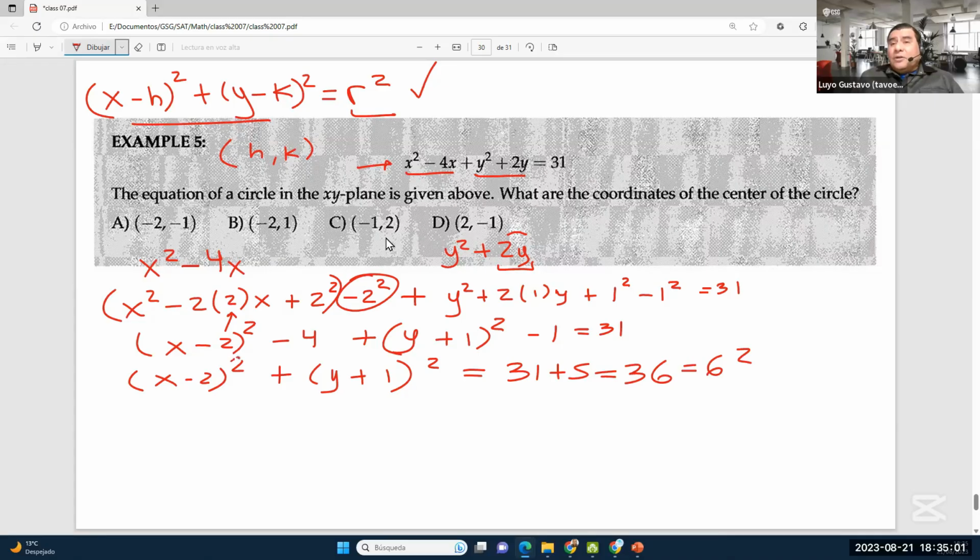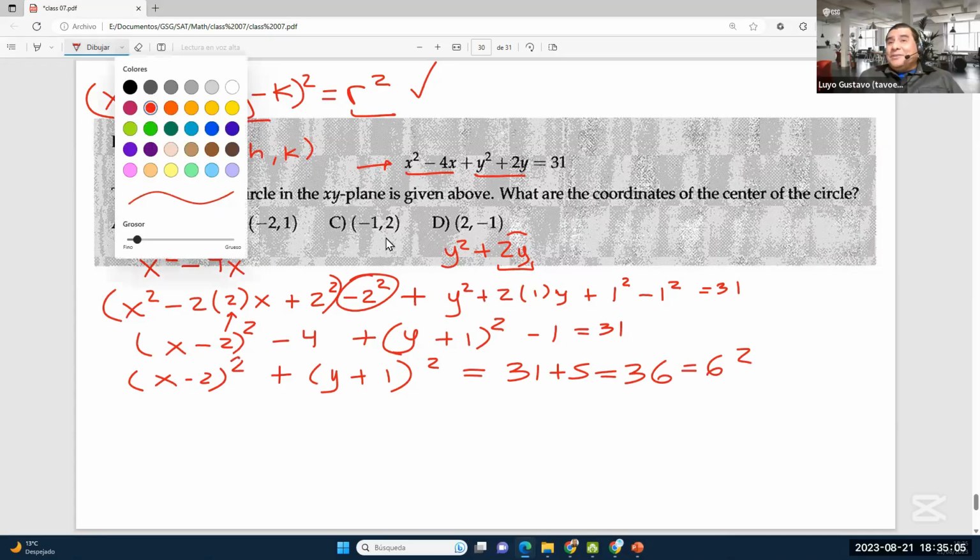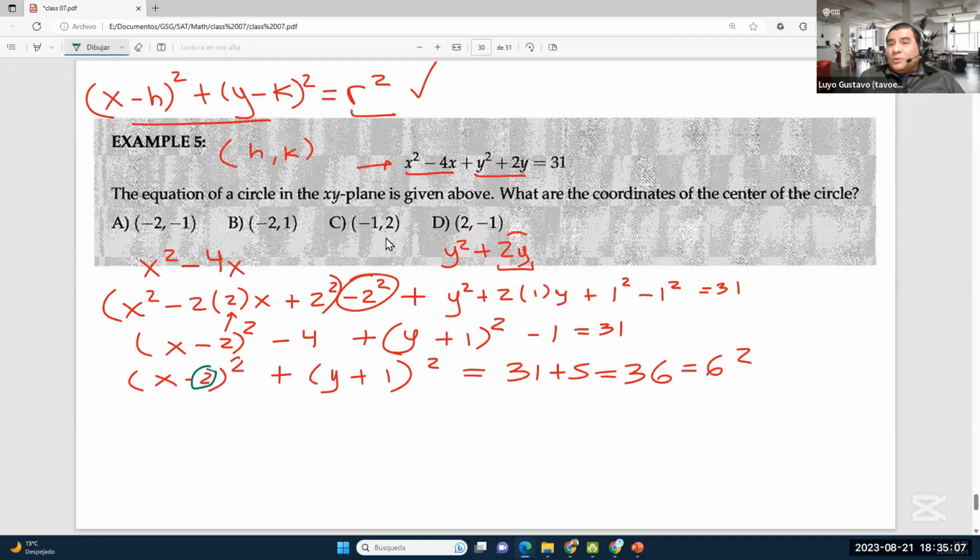And now take a look. You need to mark the answer. Be careful not to do this and say, oh, 2 and 1. No. Remember, it has to be in this form. So we have x minus 2. Okay, good. We have the minus. But since here we need a minus, we can put a double negative sign.